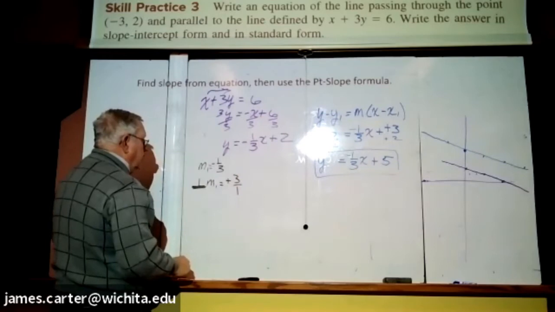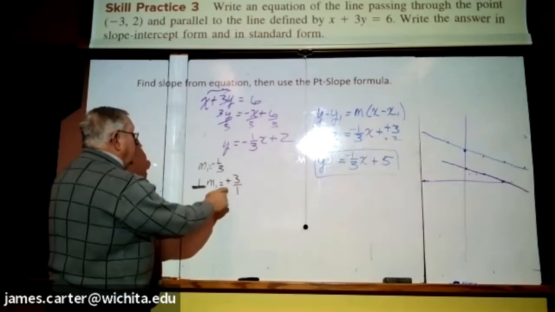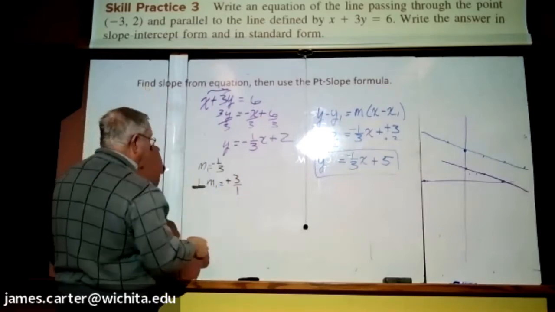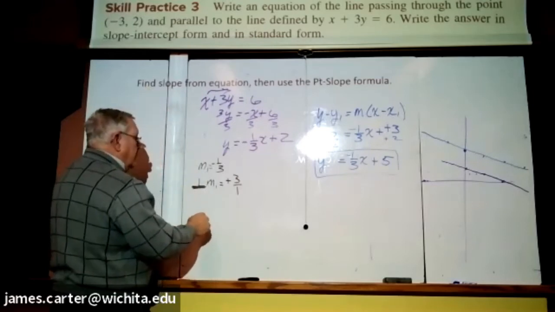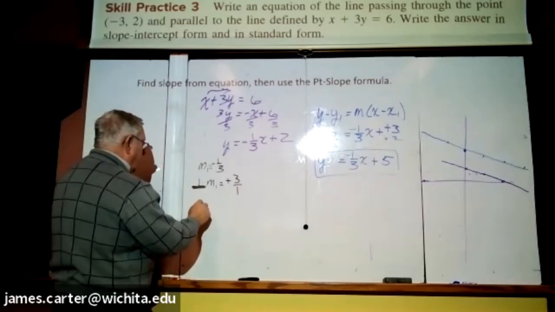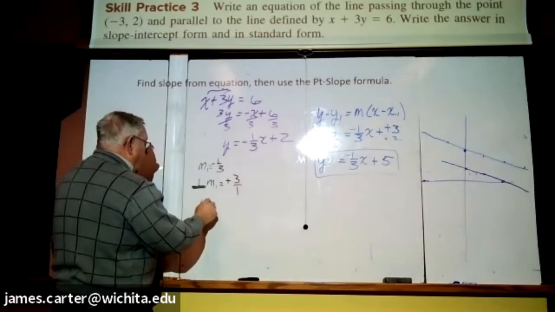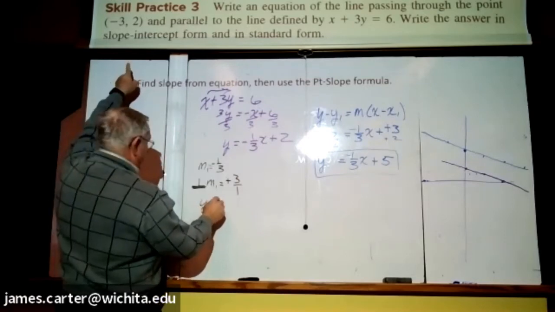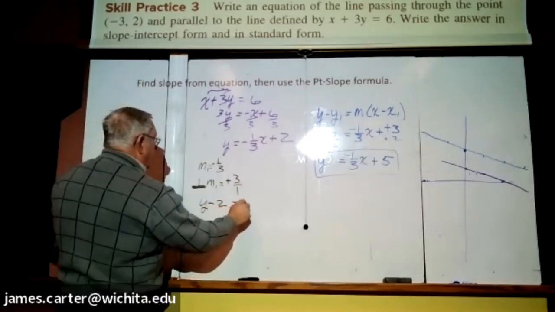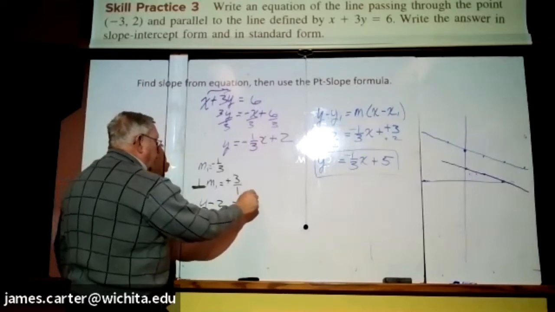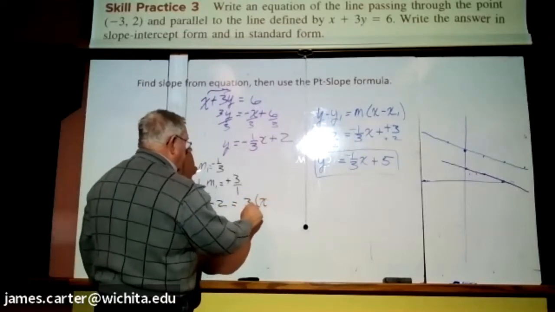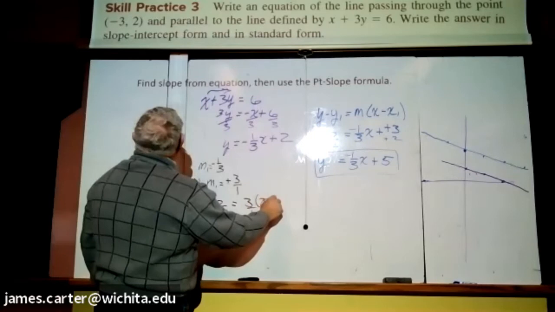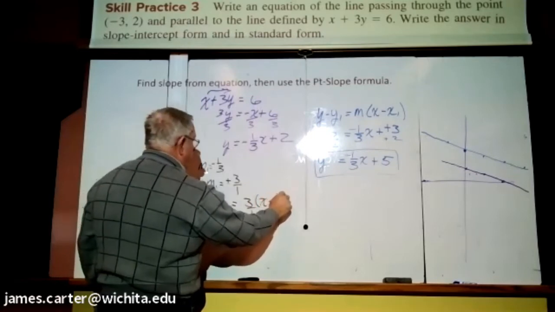So now we use 3/1 and that point to find the equation of the perpendicular line. y minus 2 equals 3 times x minus -3.